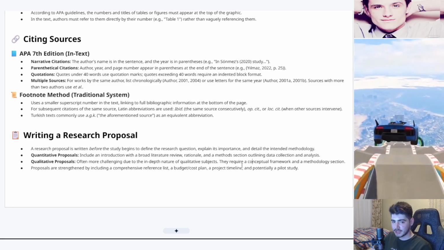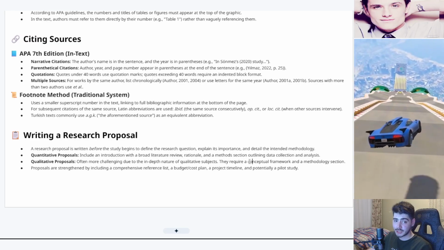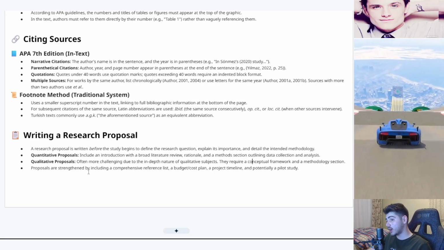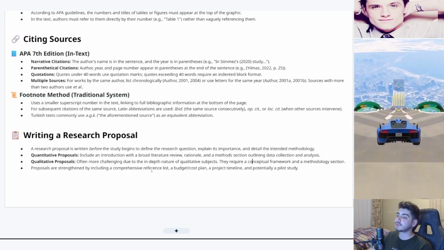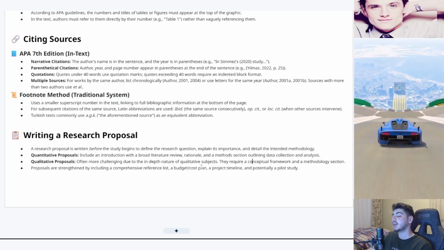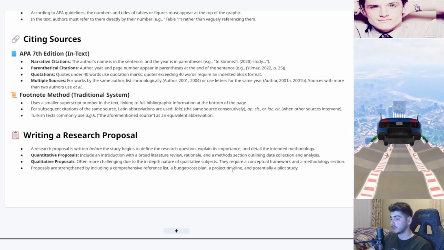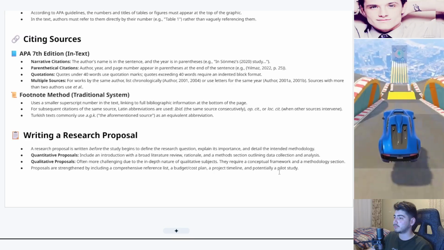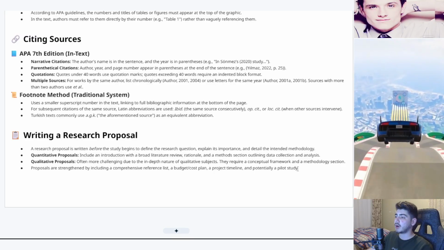They require a conceptual framework and a methodology section. Proposals are strengthened by including a comprehensive reference list, a budget or cost plan, a project timeline, and potentially a pilot study.